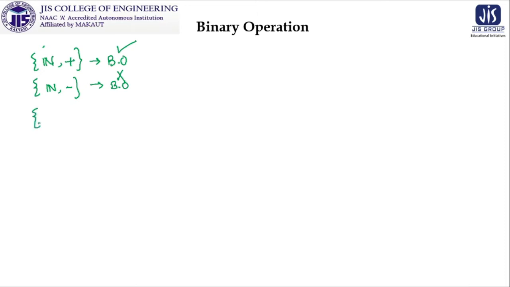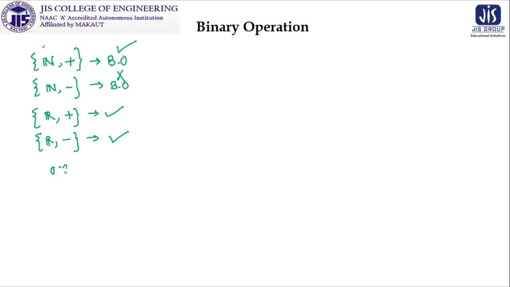If I change the set, if I take the set of real numbers and addition, look at this, it is a binary operation because the sum of two real numbers is a real number. And if you take the set of real numbers and subtraction, look at this, how beautiful the discussion is. It is also a binary operation, because when you take two real numbers, obviously their subtraction will be a real number.